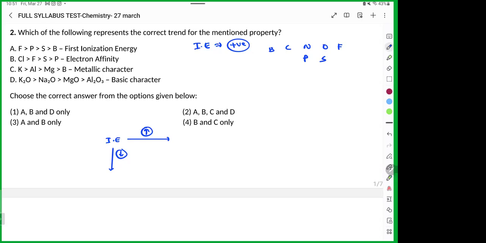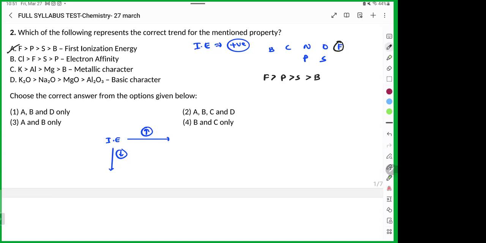For first ionization enthalpy, fluorine should be highest. Among phosphorus and sulfur, phosphorus will be more than sulfur, and then the minimum is this. So A is correct.